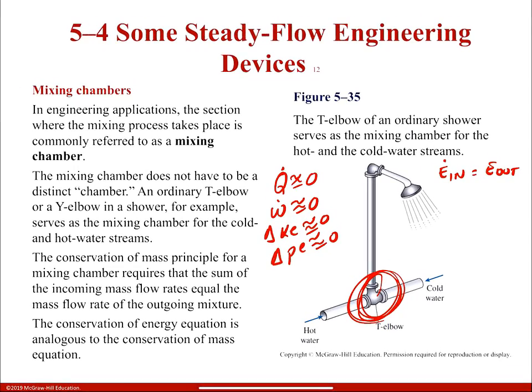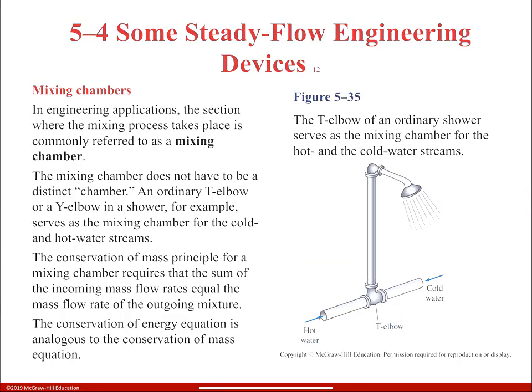So if I have this equation, at the end what I have is that mass flow rate 1 H1 plus mass flow rate 2 H2 will be equal to mass flow rate 3 H3. This is 1, this is 2, and this is 3. It's as simple as that.